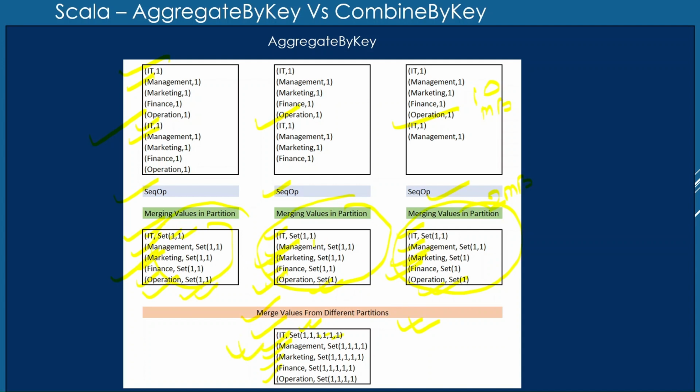Since the data is very small, because with the help of the sequence operation we have reduced the data, when the shuffling process happens in memory the data will be less. It will be accommodated in the memory, and the shuffling process will become very fast.